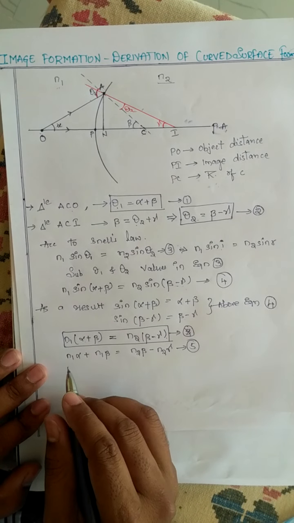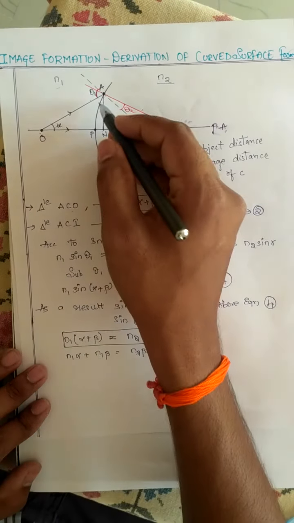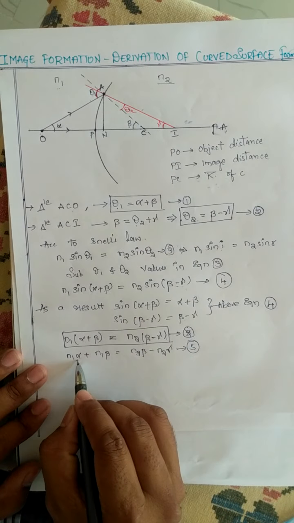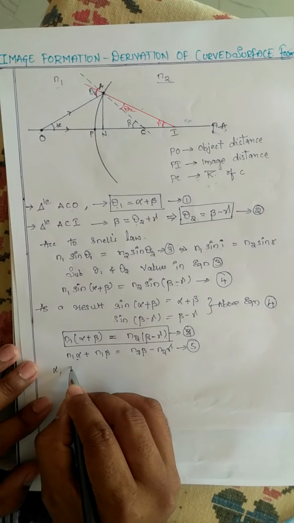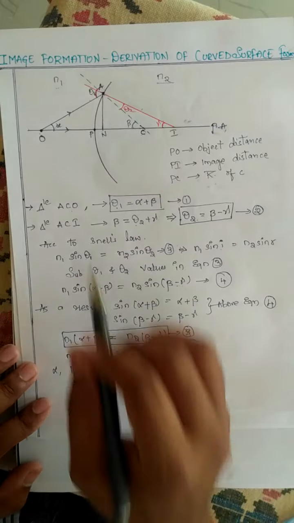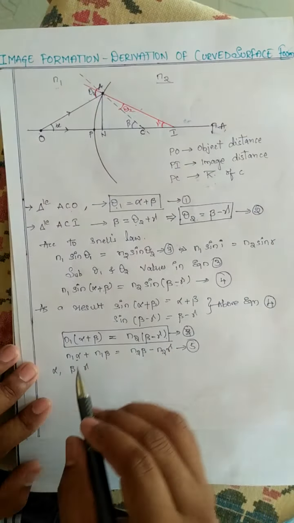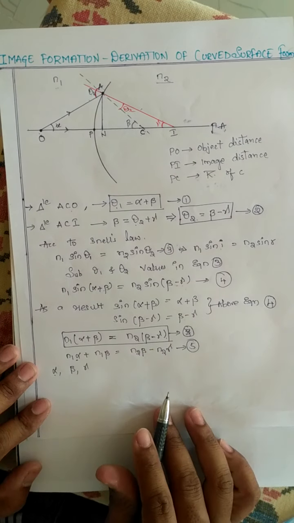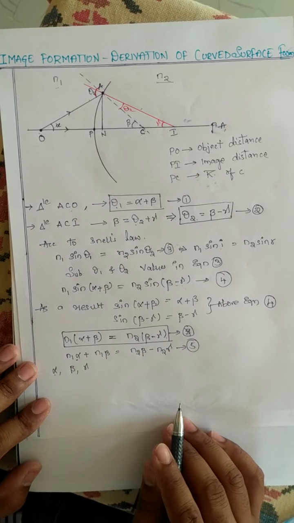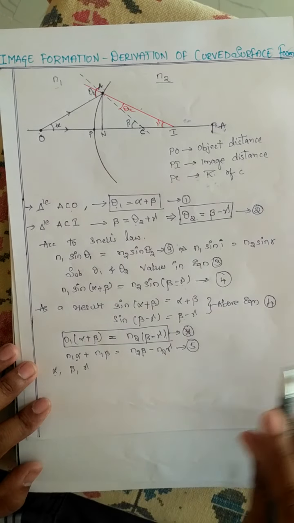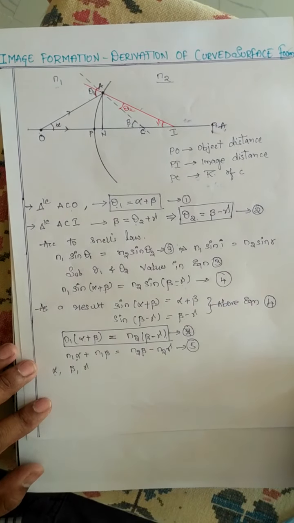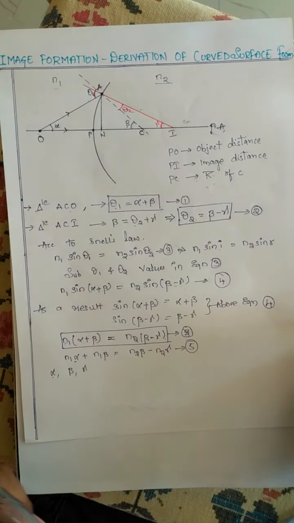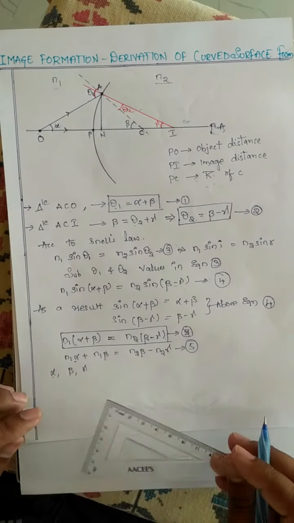Okay, right? After this, we said that all the angles are very small, so from these triangles I want to find the values of alpha, beta, gamma. How can I find them is the question.